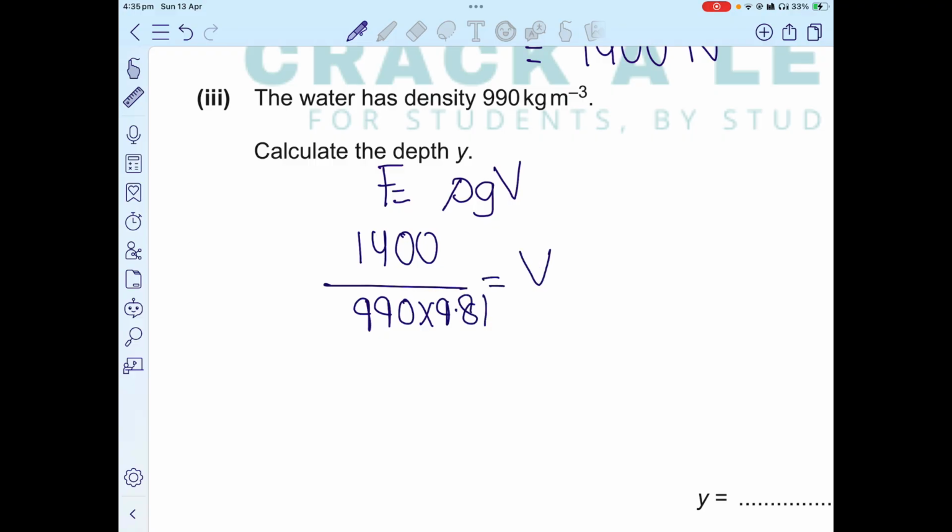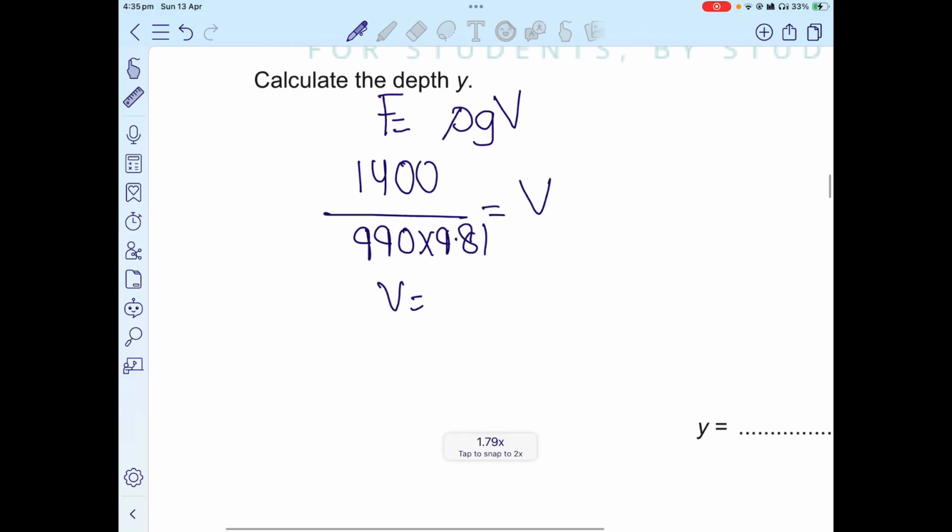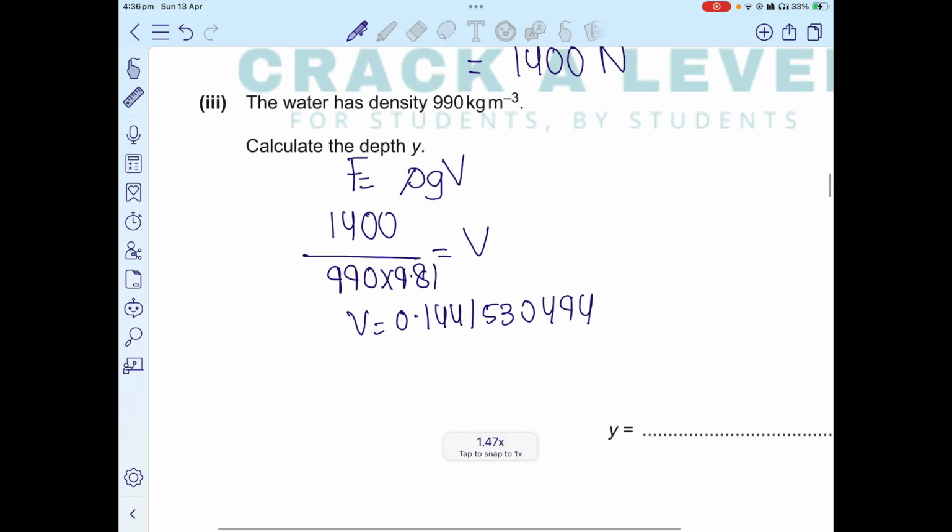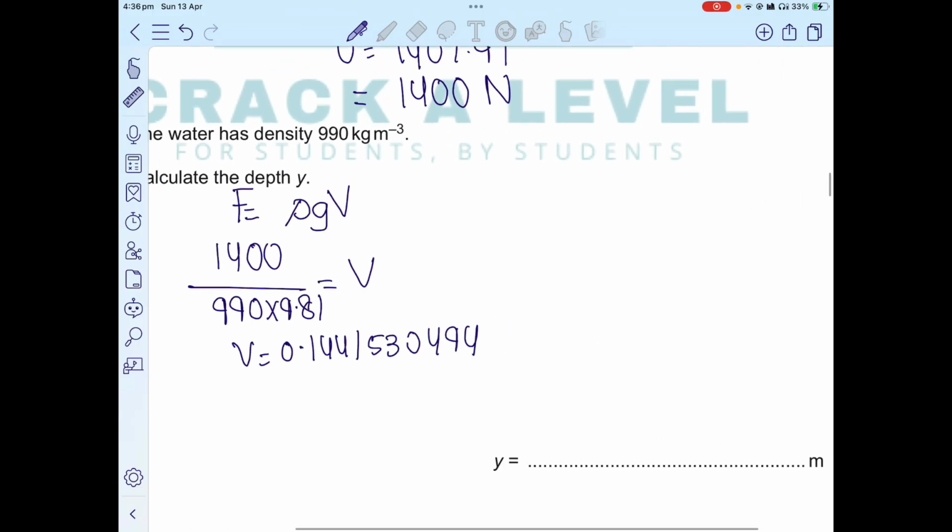This will give me the volume. The volume is 1400 over 990 into 9.81, which gives me 0.1441530494. I'm using the exact value here because I'm not done yet with my calculation.